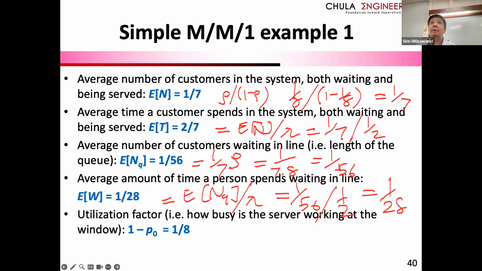It's the frequency in which the system is not idle. How do I compute that? 1 minus P0, because P0 is the only event where the system is empty. When it's not empty, the server is utilized. So what is P0? We already know that is 1 minus rho. So that is equal to rho, which is 1/8.